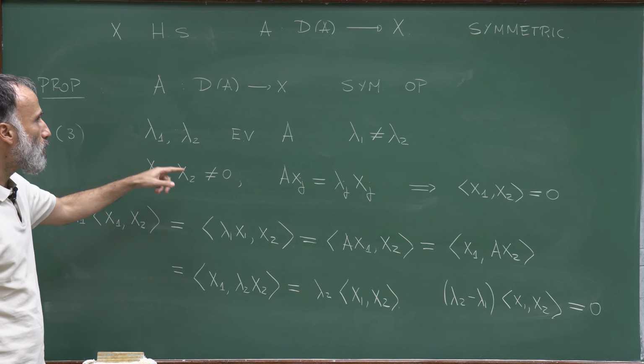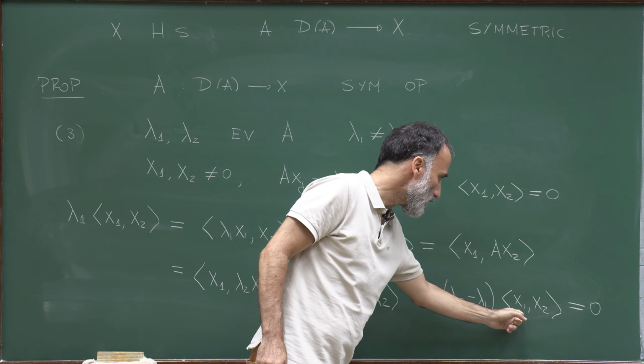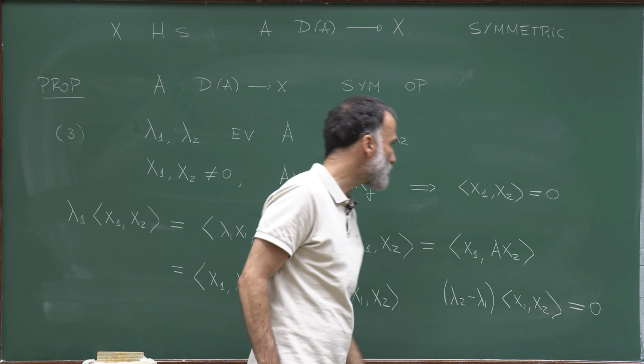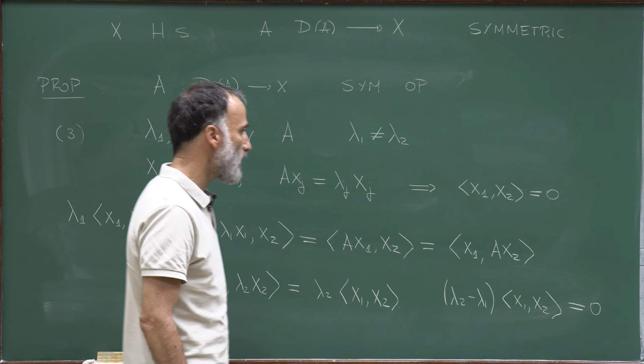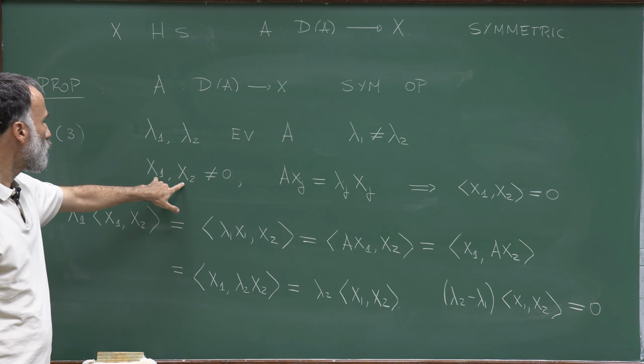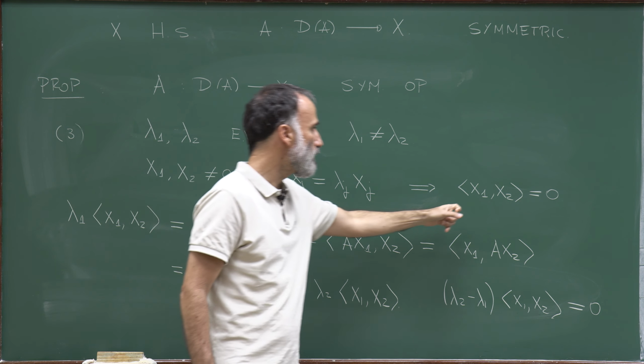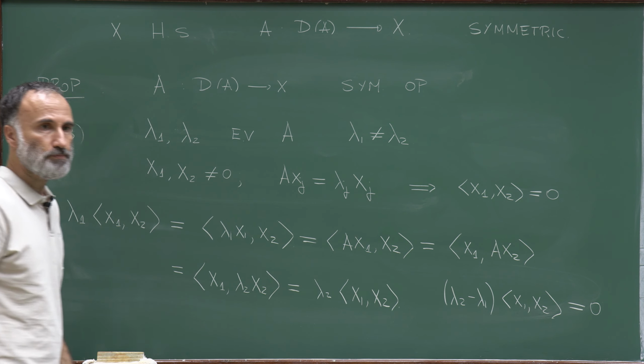And since lambda 1 and lambda 2 are assumed to be different, we obtain that the scalar product of x1 with x2 is equal to 0, and this is exactly what we claimed. So we proved here that if you have two eigenfunctions associated to different eigenvalues, then they are orthogonal.